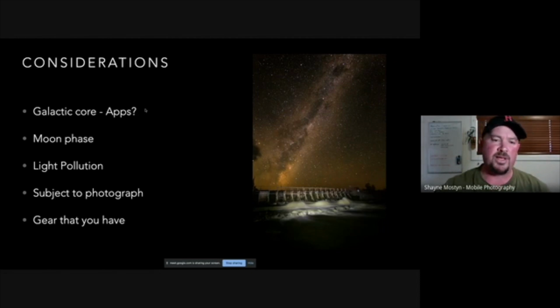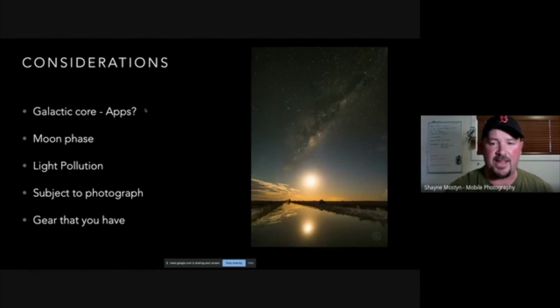And knowing where that galactic core is throughout the year and at different times of the night is the most important part of the planning, besides finding the subject for me. So knowing how that core is going to interact with the subject that I'm photographing is paramount, and we'll talk about an app that I use for that.